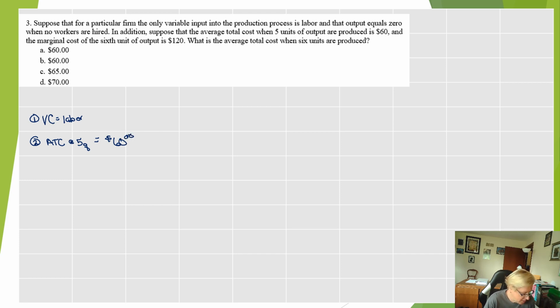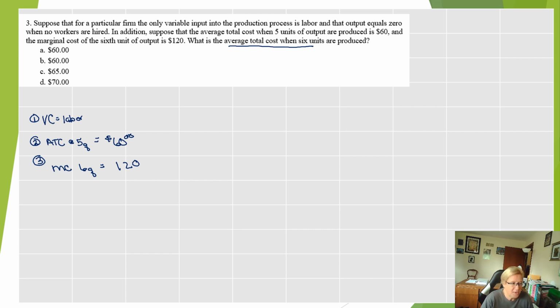And our third thing that we know is that our marginal cost at quantity 6 is going to equal 120. So what I want to find out here is what is the average total cost at 6 units.